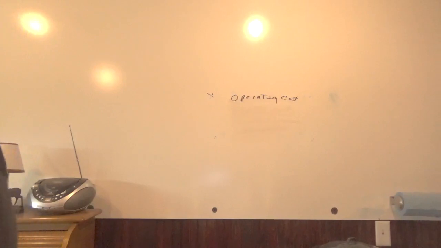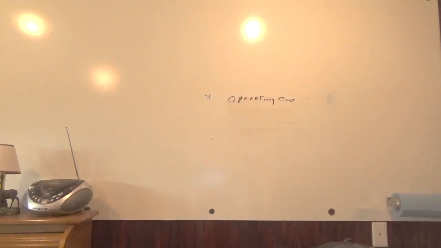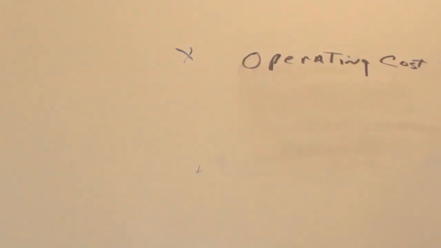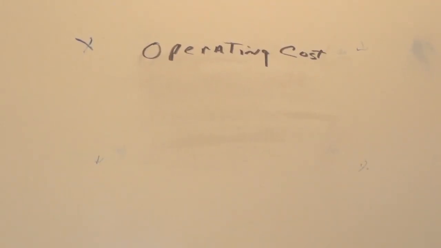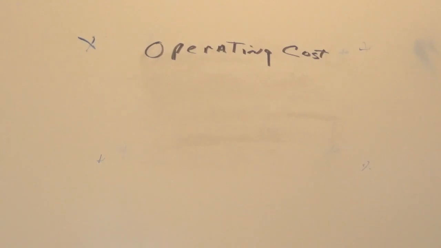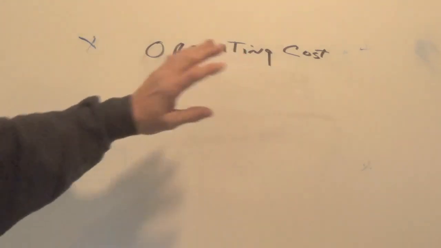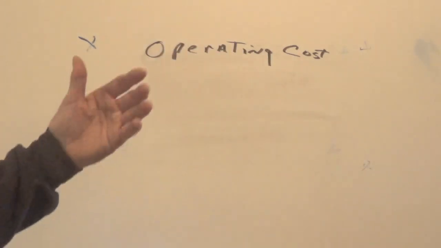Let me just zoom in here a little bit so we get this. Okay, there we go. So on newer equipment, the operating costs are lower because you're not breaking down.